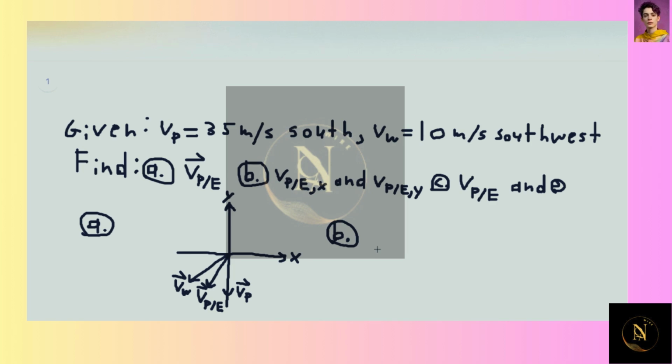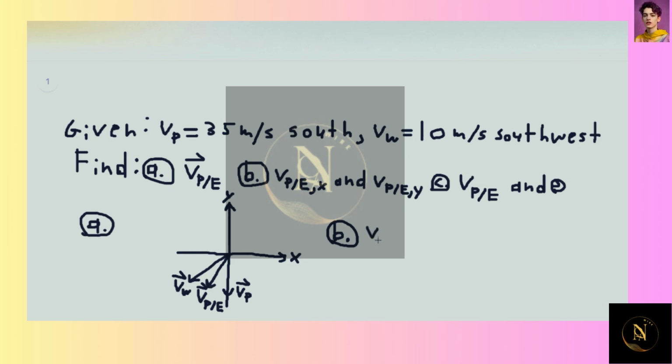So what we can do is we can actually draw a triangle here to find. So basically, we have to add the two vectors here. So we have to add VP and VW to get VP/E here. So we're doing vector addition here.